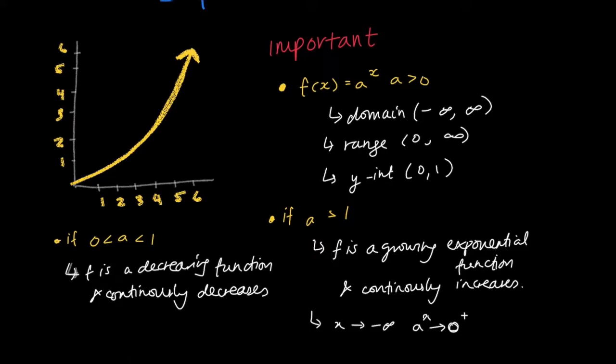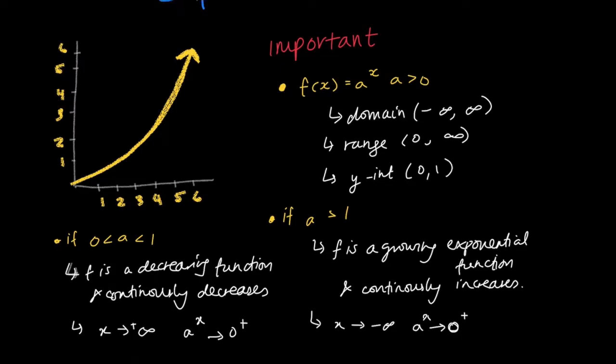And the x-axis is a horizontal asymptote as x approaches infinity, when a to the power of x approaches 0.